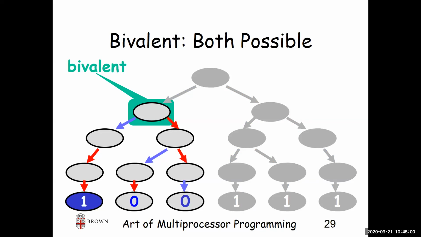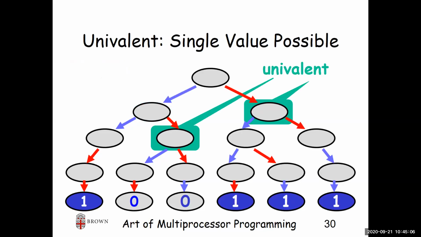We're going to say a state is bivalent if, starting from that state, we can reach either 1 or 0. And we're going to say a calculation is univalent if, starting from one of these nodes in the tree, we can only reach a 0 or only reach a 1.